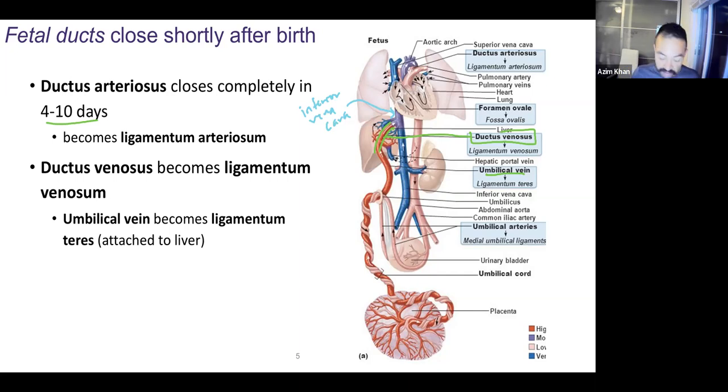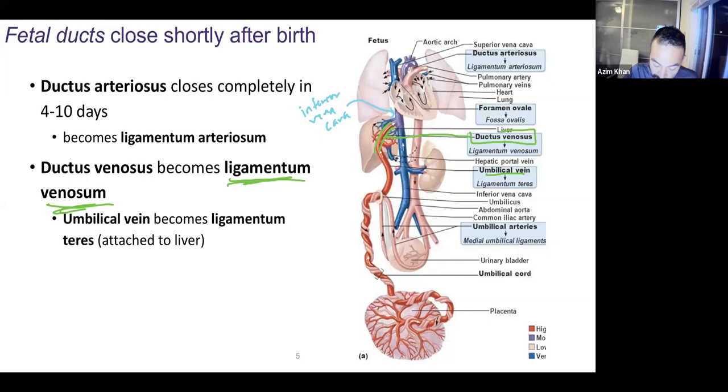When the ductus venosus closes up, it becomes the ligamentum venosum. It's not actually a ligament, it's just ligament-like. It's a shriveled up blood vessel, no blood's passing through it anymore. Ligamentum venosum.